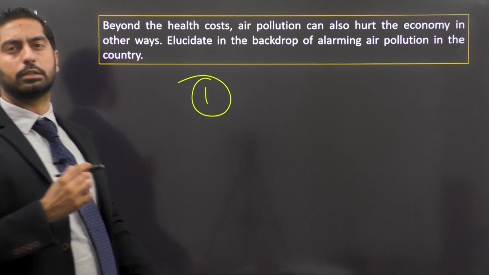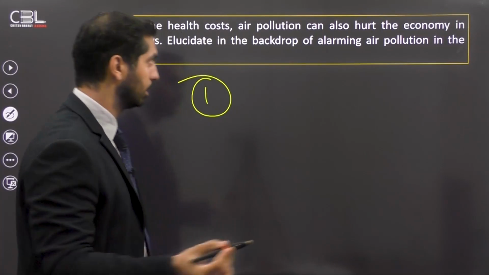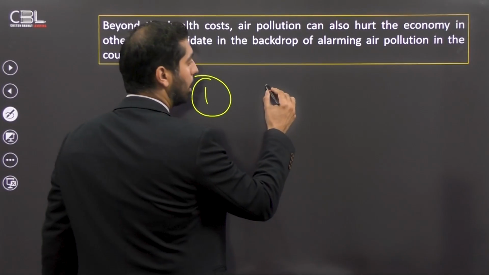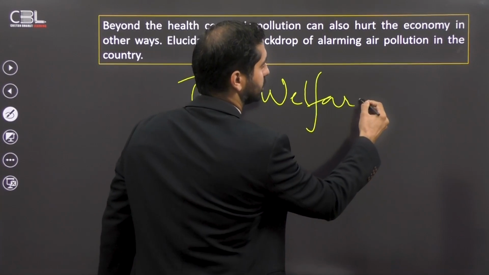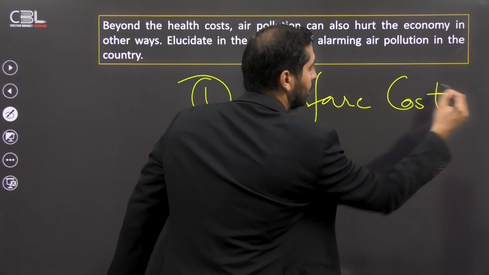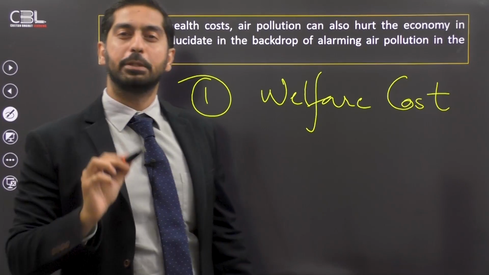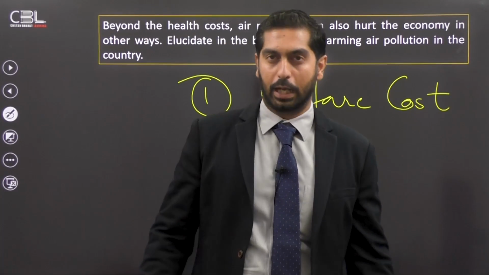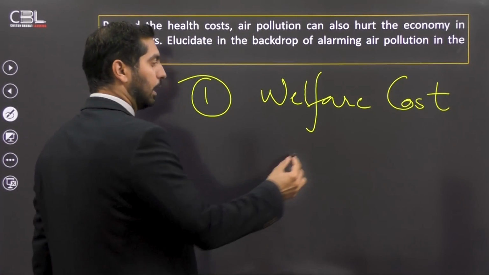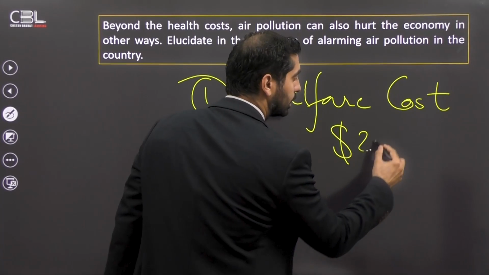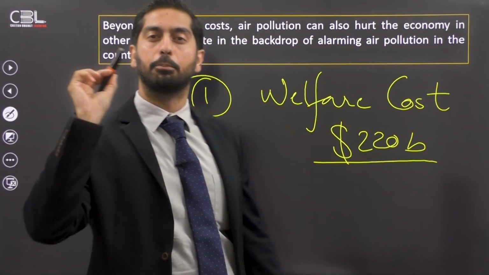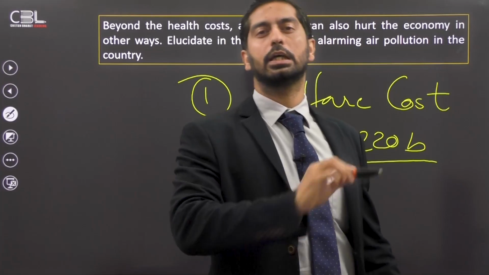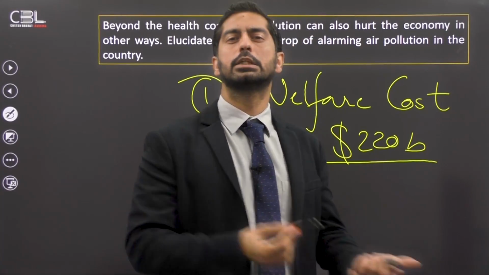So one of the ways in which air pollution hurts the economy is through, let's say, welfare costs. According to UNEP, United Nations Environment Program, approximately 220 billion was the welfare cost that India bore on account of illness due to air pollution.